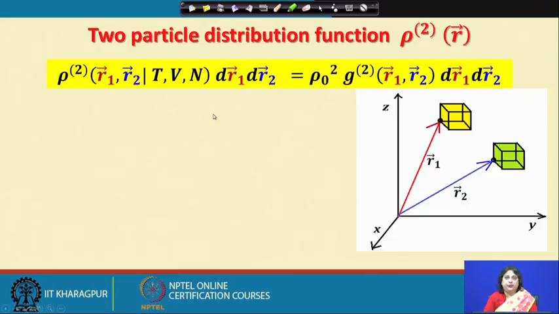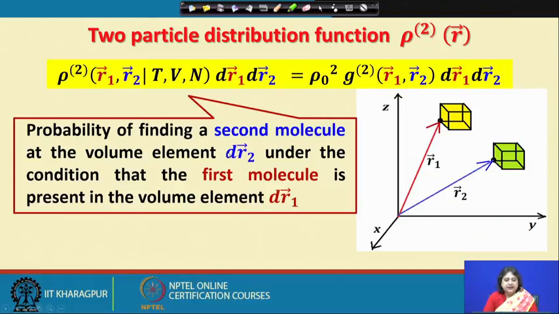So, this is the kind of picture that I have in mind, and this by definition is given by rho naught square into G2 multiplied by the associated volume element in the configuration space. Now, here I understand that this is the probability of finding a second molecule 2 within this volume element that is shown in green here, under the condition that there is a first molecule present in the volume element dr1.